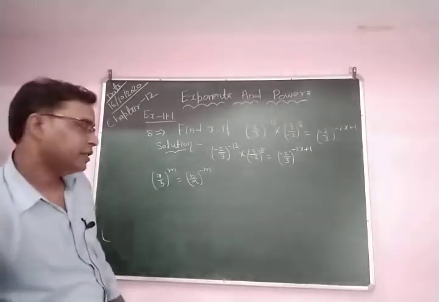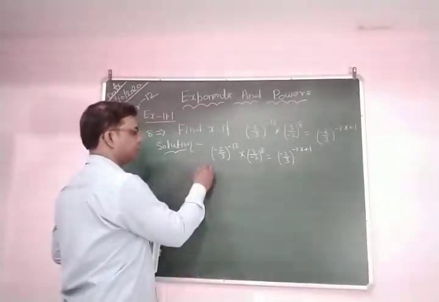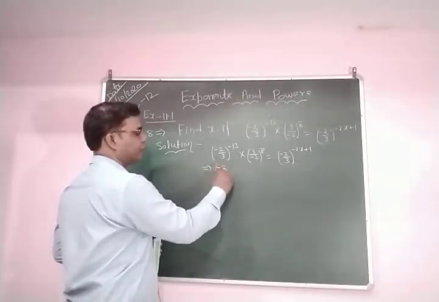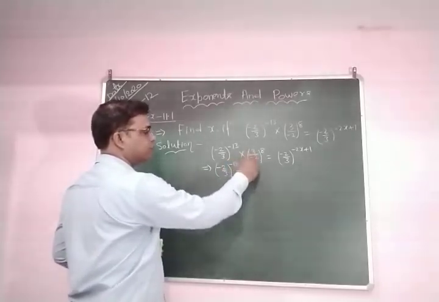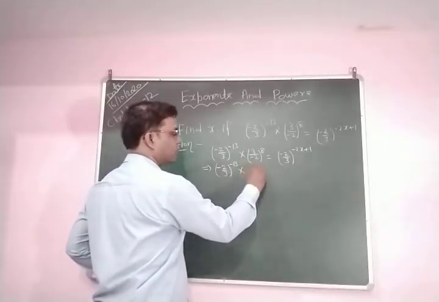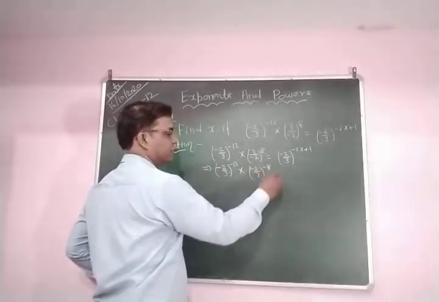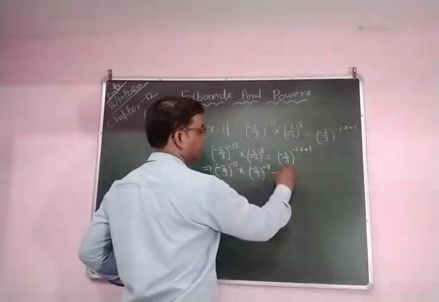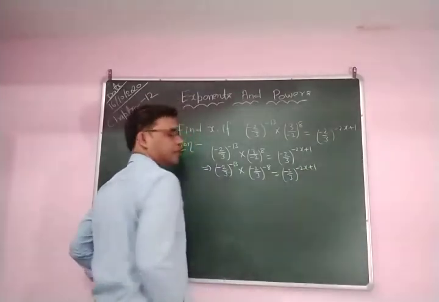So we can write here minus 2 by 3 power minus 13 into minus 2 by 3 power minus 8. This is equal to minus 2 by 3 power minus 2x plus 1.